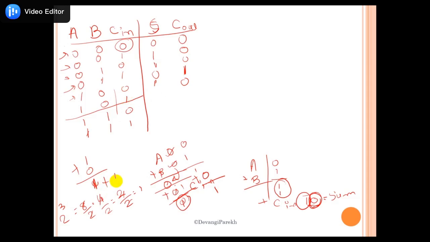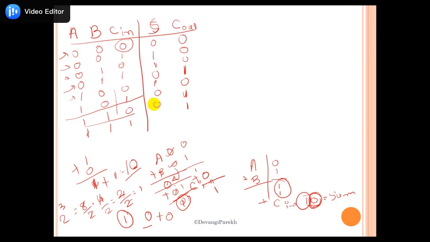So it will produce 10. 0 is our least significant bit, which means 0 is our sum and 1 is our carry. For the third condition also 1 plus 1 will produce 0 and 1. So here 1 is carry, which will be written here, and our third bit is 0. So 0 plus 0 means 0.